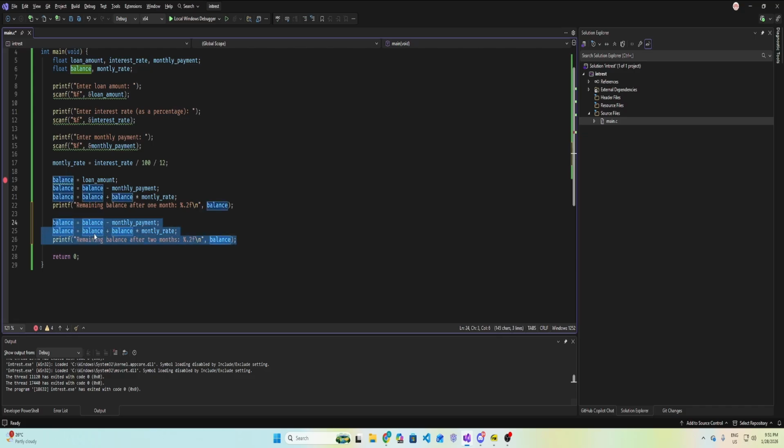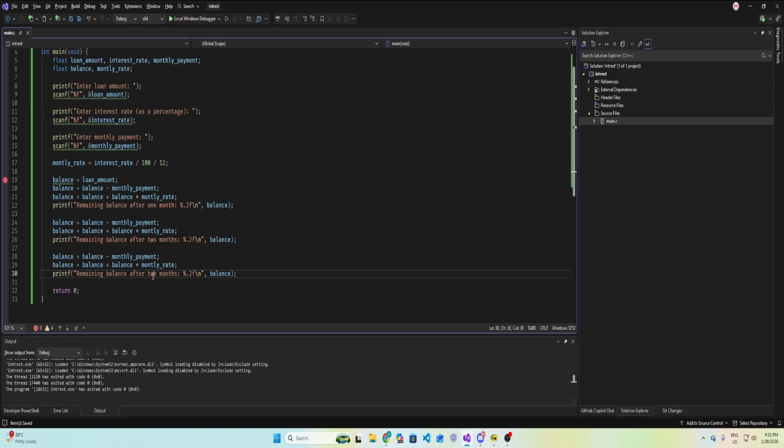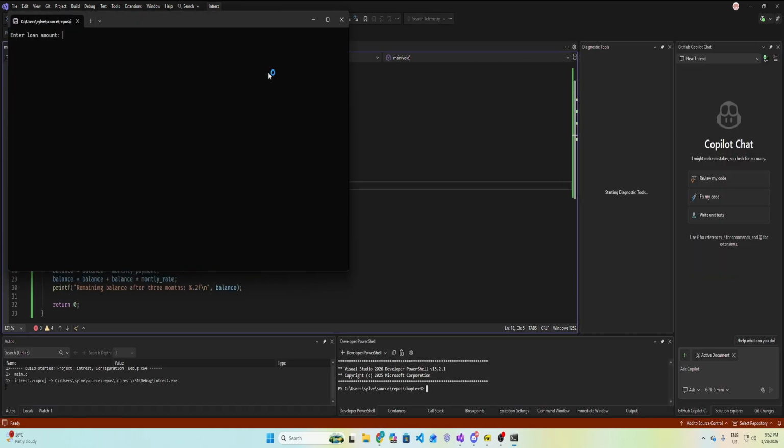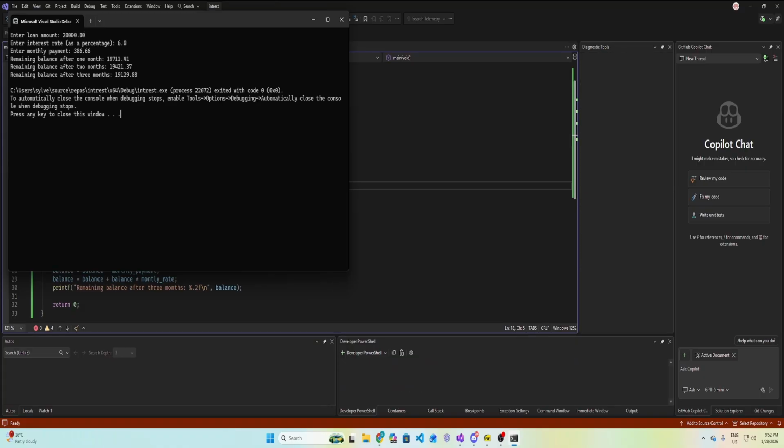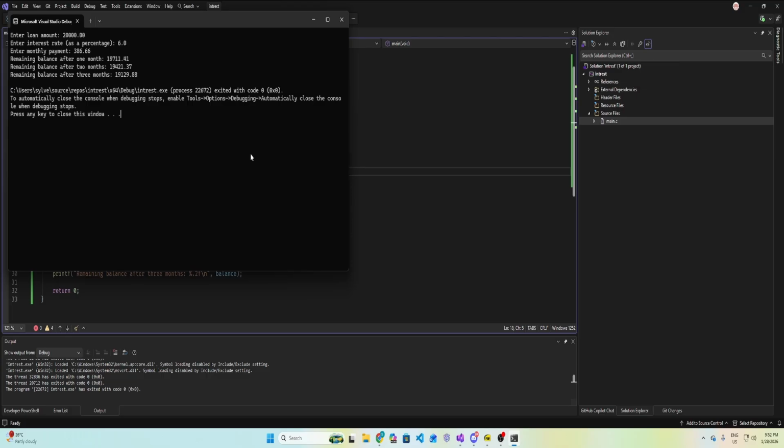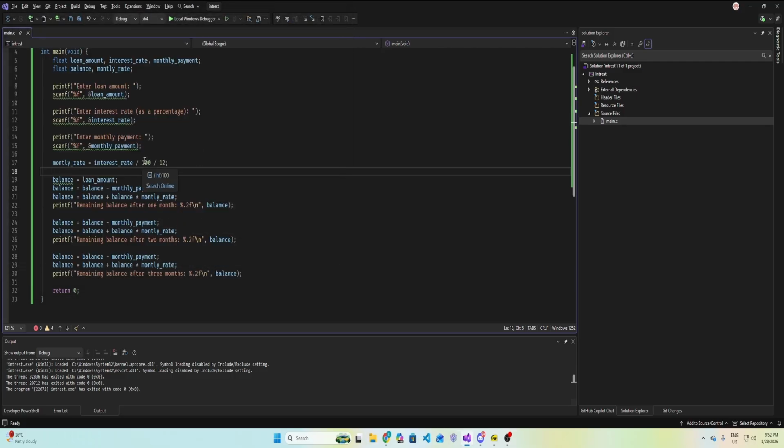So it's basically just copy and pasting from here on out. $20,686.66, and we go down to 19. Oh, that looks fine. I'm $2 out each time, but I don't know why.